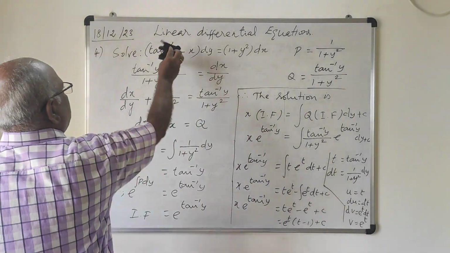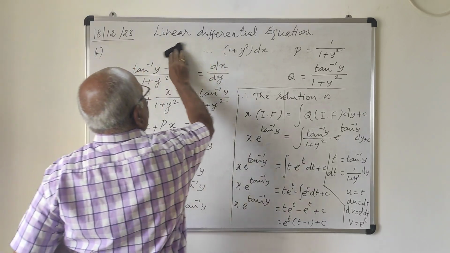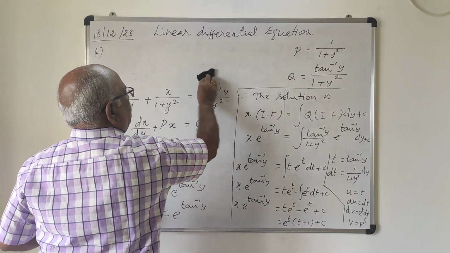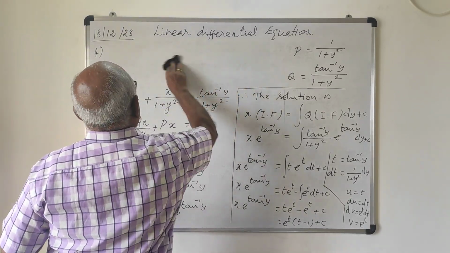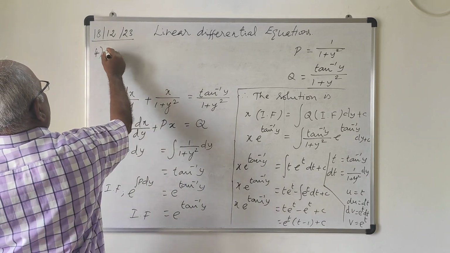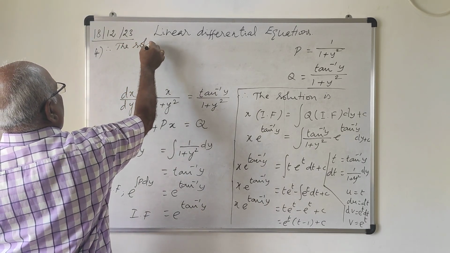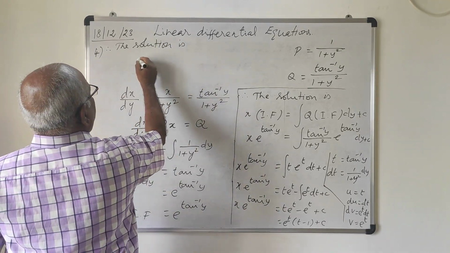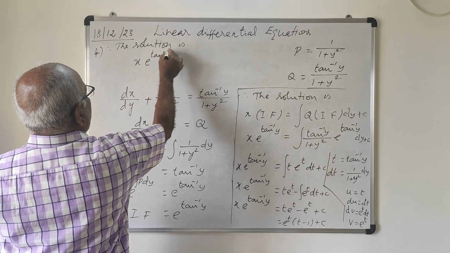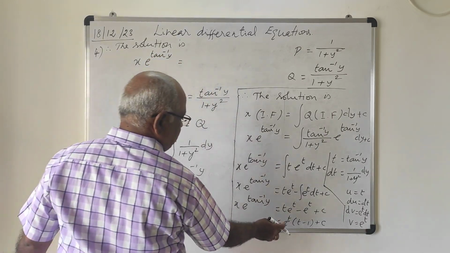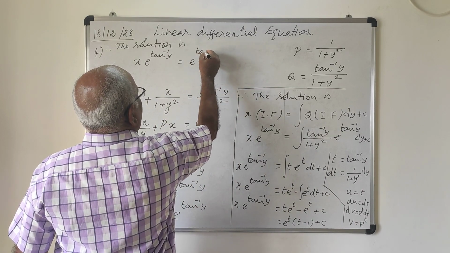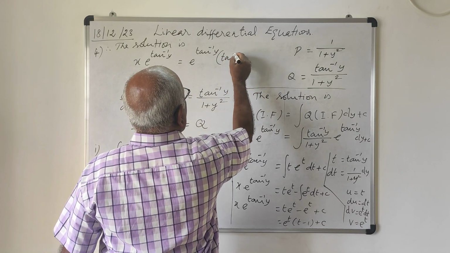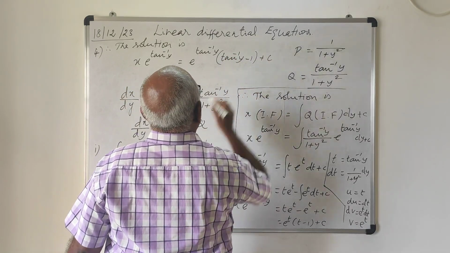I am erasing the problem. Therefore the solution is, last step: x into e power tan inverse y equals, replacing t by tan inverse y, e power tan inverse y into tan inverse y minus 1, plus c.